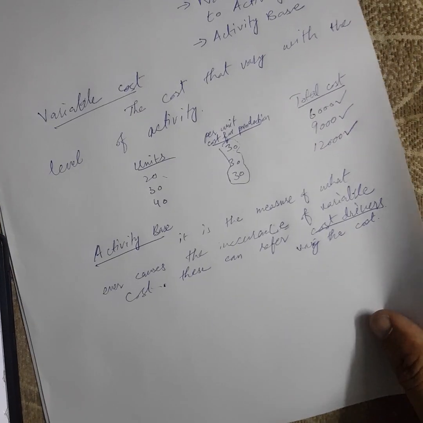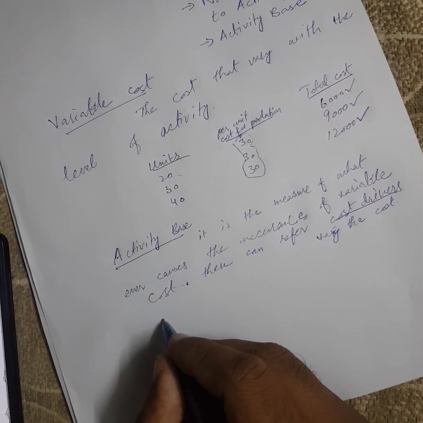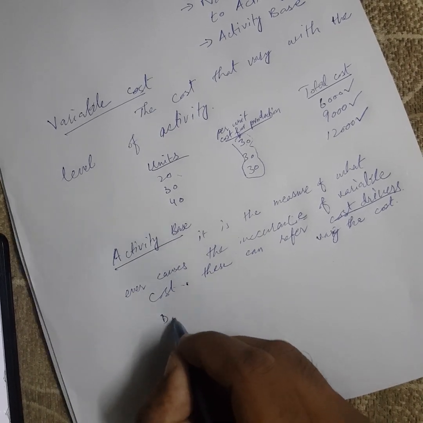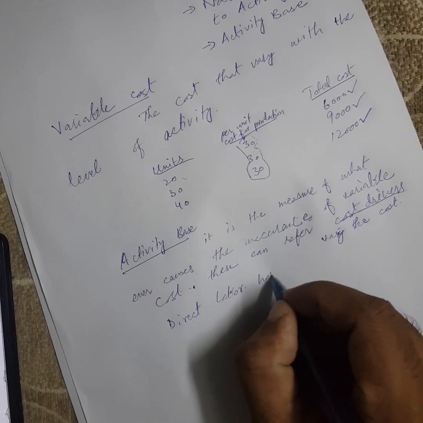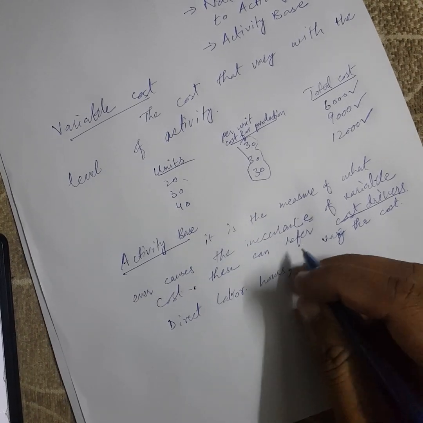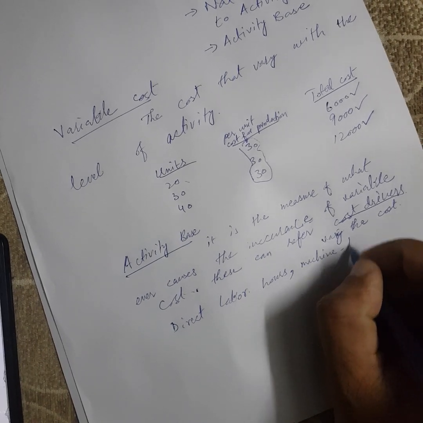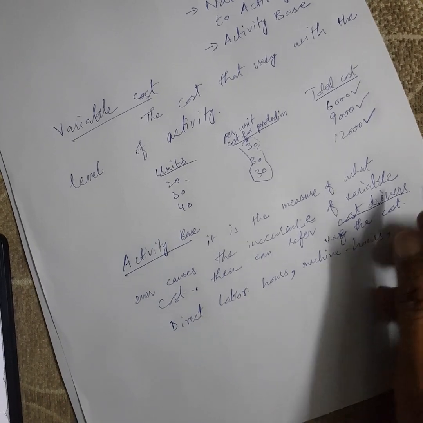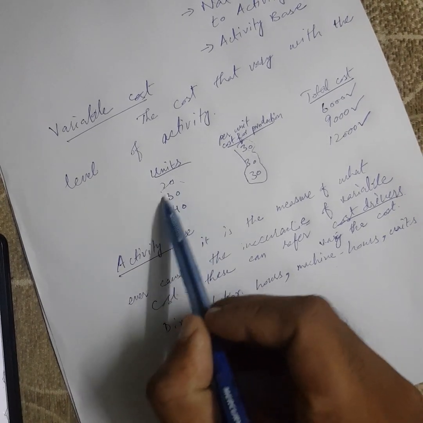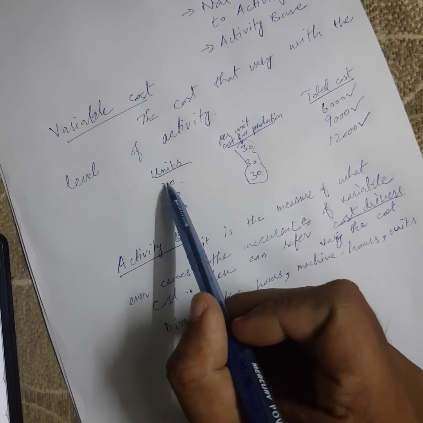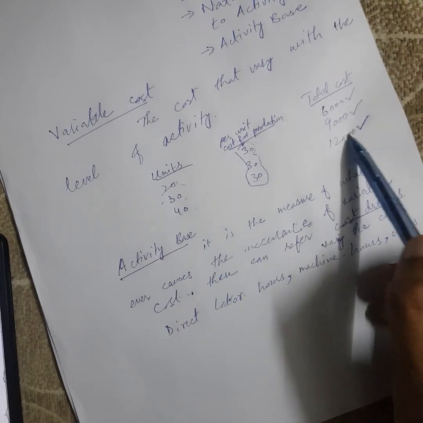These cost drivers may be direct labor hours, machine hours, units produced, as we have already discussed with the unit production. On the base of these activity bases, our variable costs change.